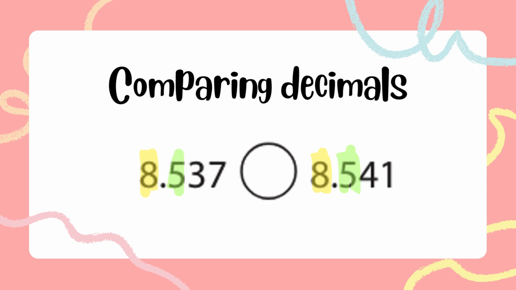So now I need to move to the next place value. I have a 3 and a 4. Which one is greater? It would be my 4. 4 is greater than 3. So 8.537 is less than 8.541.